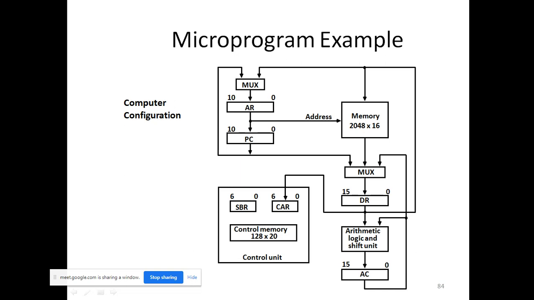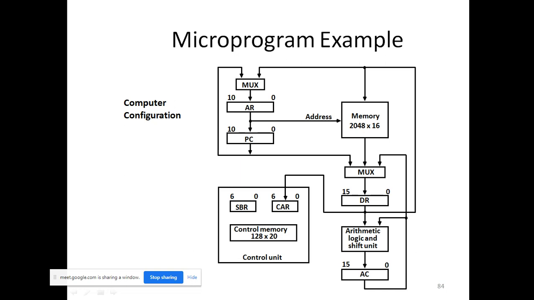The address takes 12 bits. That means it is 2 power 12. Am I right? Yes, to get the address, 2 power 12 equals 2048.